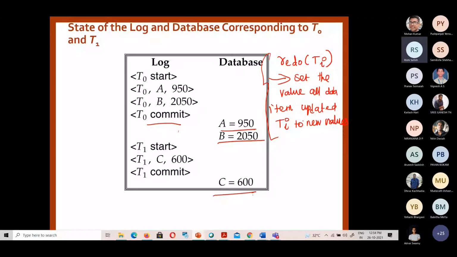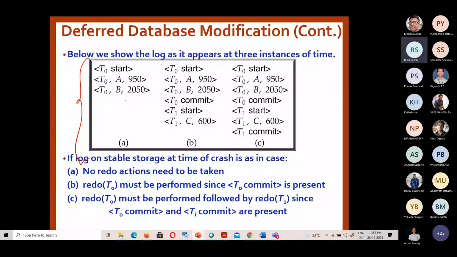Now, for the first case, there is a failure before T0 commit. Some failure has occurred in the transaction, so there is no T0 commit. In the log, we are able to see only the start of the transaction T0 and not the T0 commit record.